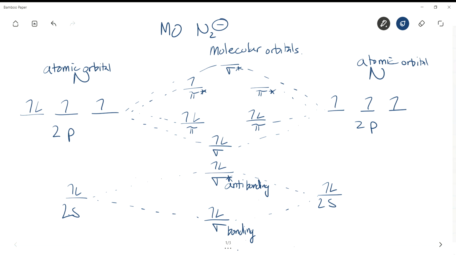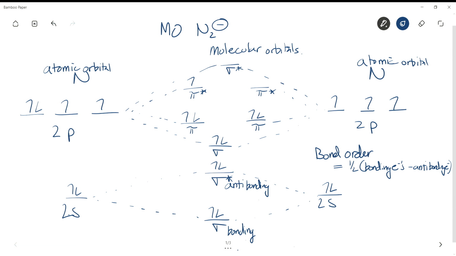Now, after you do this, you want to assess the bond order. To assess the bond order, you have to do a calculation. Bond order equals 1/2 the number of bonding electrons minus the anti-bonding electrons.